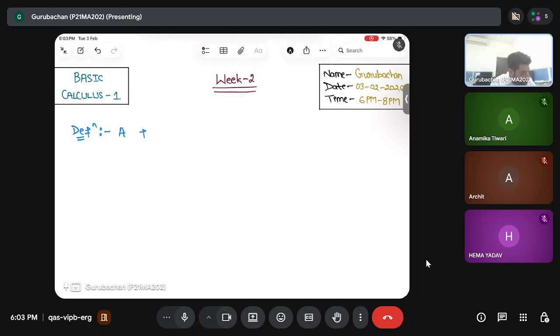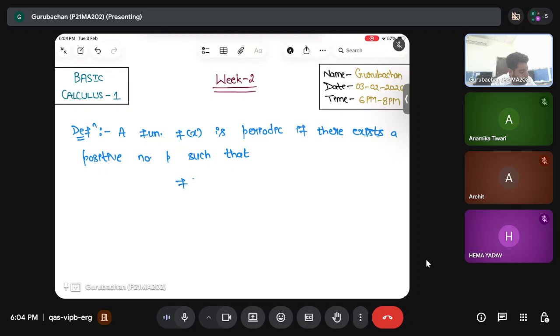A function f(x) is periodic if there exists a positive number p such that f(x + p) is f(x) for all x in the domain of f.